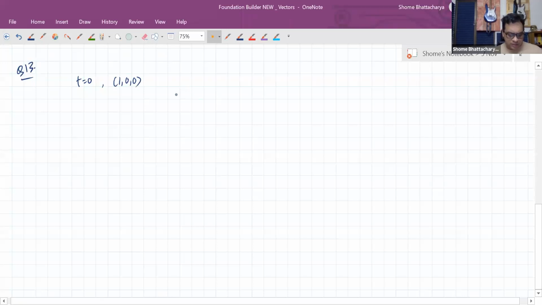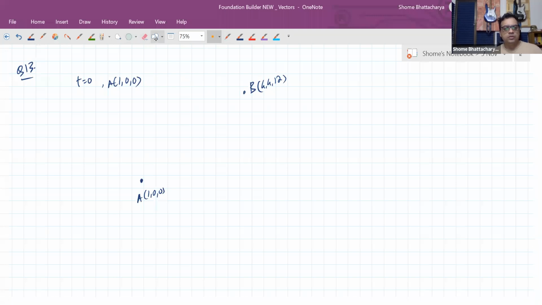Okay, and it is moving from this point towards another point which is given to us. So let's say this is point A, and it is moving towards another point B which is given to us as 4, 4, 12, right? Yeah, the coordinates of this point are 4 comma 4 comma 12.